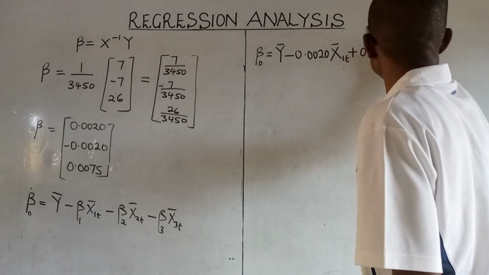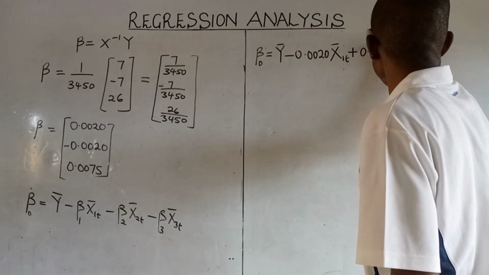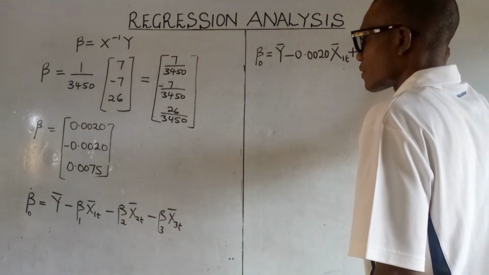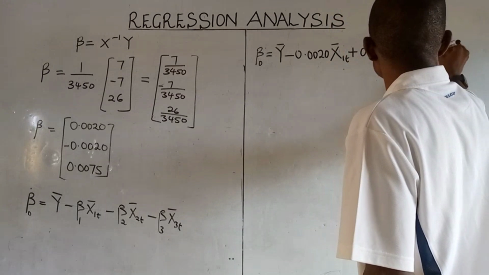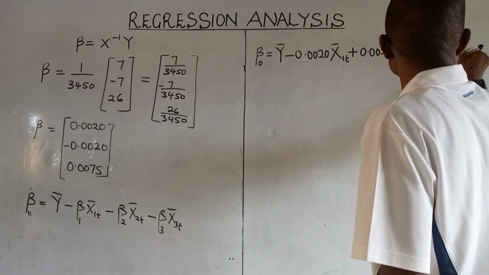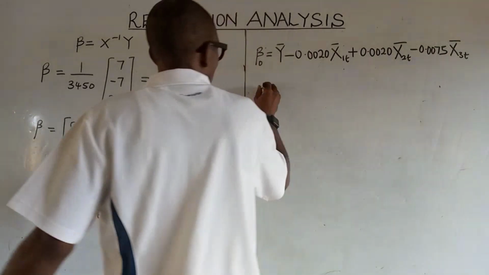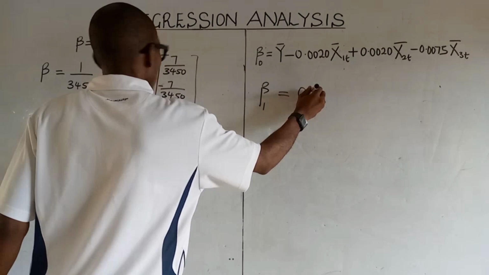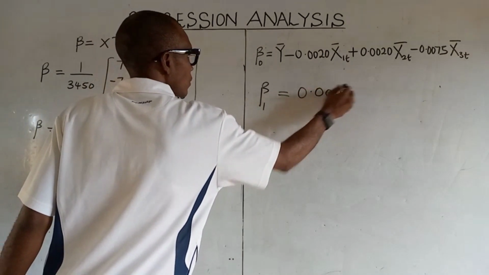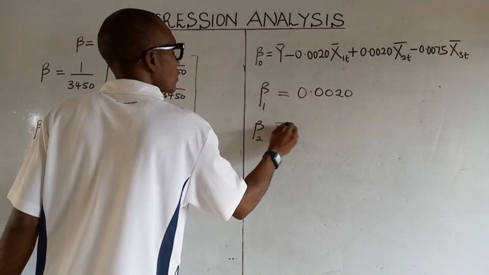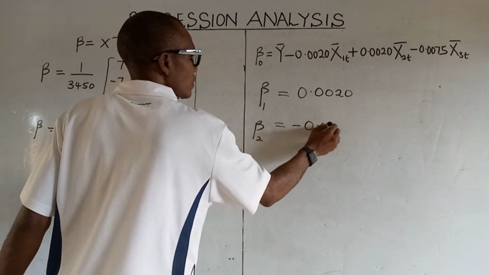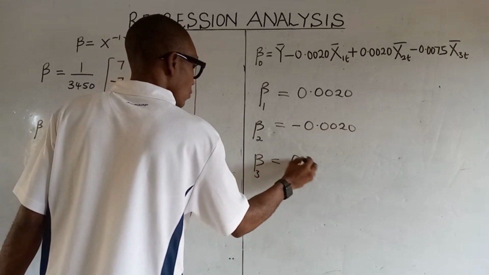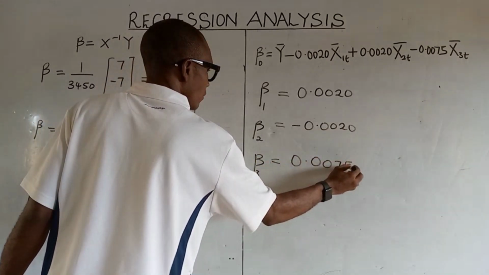x2t bar. The last one is minus 0.0075 x3t bar, and the value for our B1 will be 0.0020, B2 is minus 0.0020, and B3 is 0.0075.